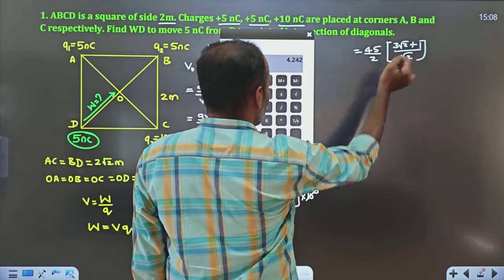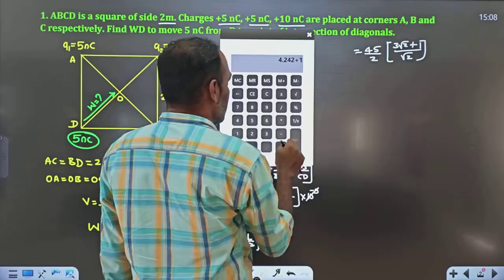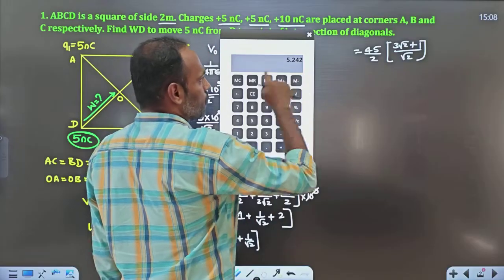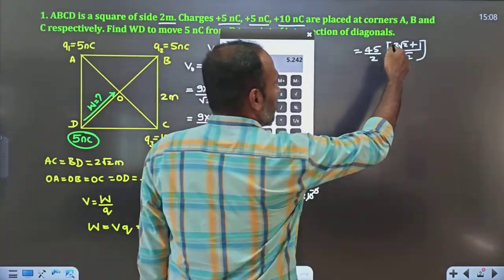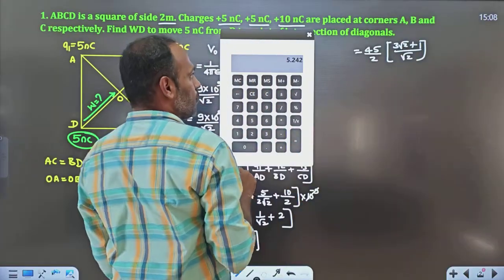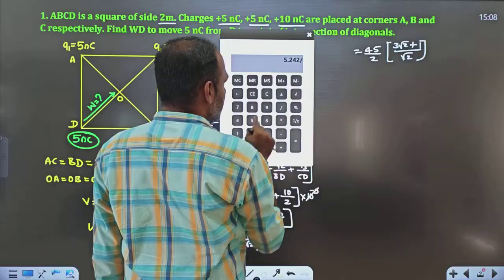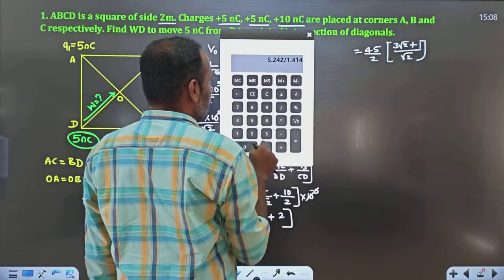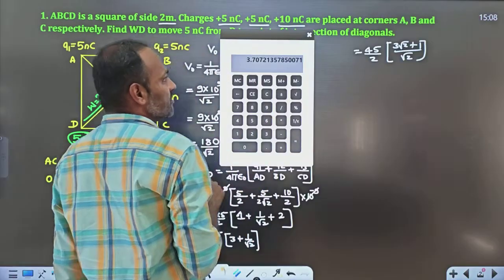This is 4.242 plus 1, it is 5.242. The numerator we got is 5.242 divided by root 2, that is divided by 1.414. So this will be 3.707.